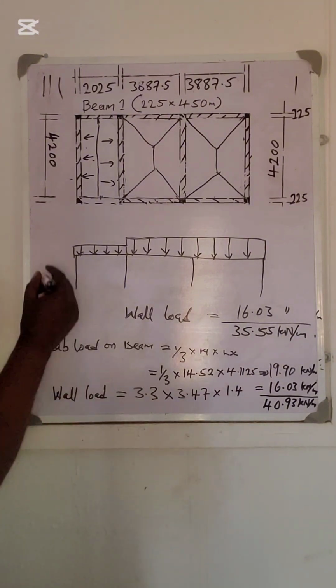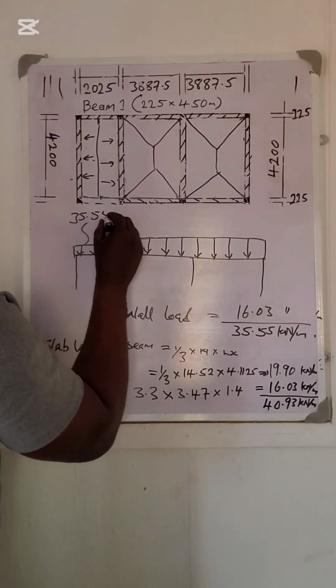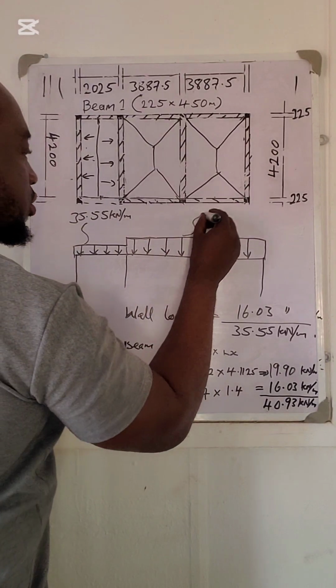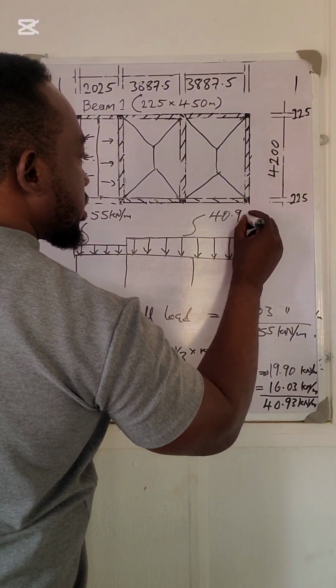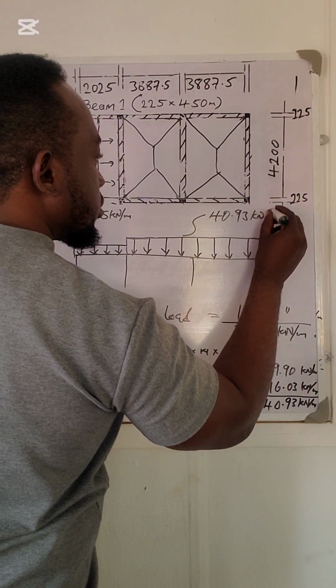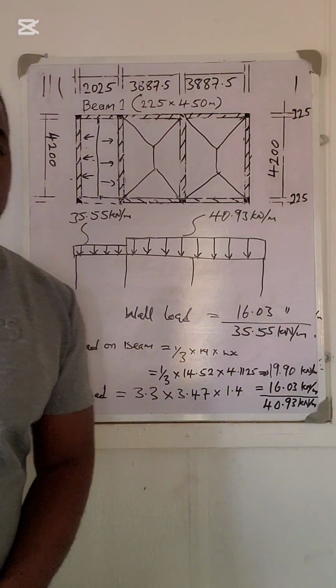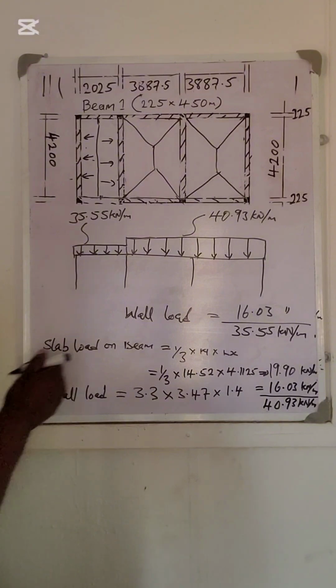I will now call this one 35.55 kilonewton per meter. Then we'll call this one 40.93 kilonewton per meter. So that is how to calculate the loads on beams.